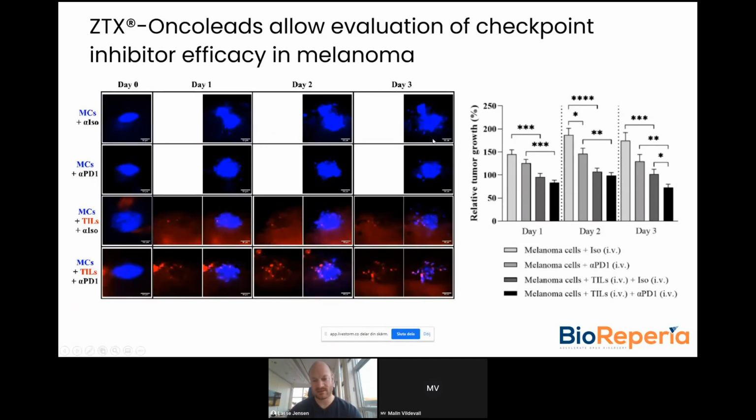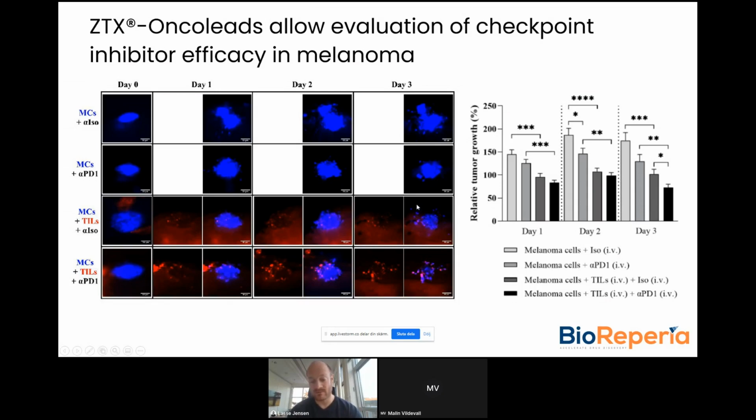So checkpoint inhibitors did not lead to a regression of the melanoma on their own. Adding TILs from the same patient that donated the melanoma cells, of course, led to a slight reduction of the melanoma size, as you can see comparing the second and third row here, and also comparing the second and third graph.